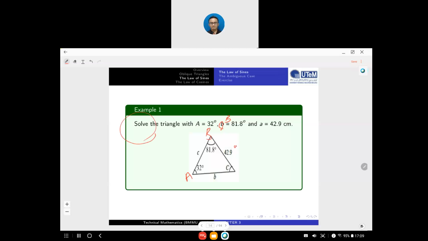To solve this, you need to find the angle C, the length c, and the length b. In this case, you know two angles and one length, so we use the law of sines.